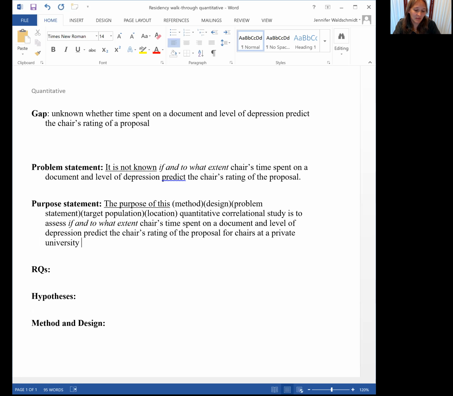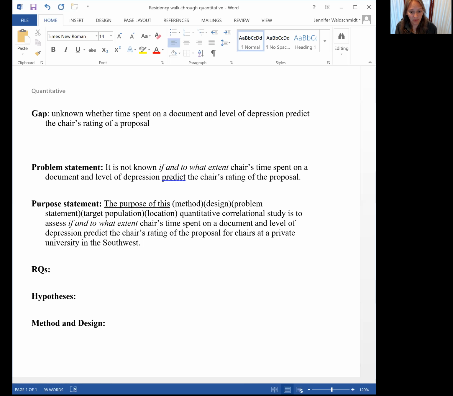And then we have to give our location. So we're going to say the Southwest. We want to be careful about our location because we want to be sure that we're specific, but not so specific that we lose the confidentiality of our participants. So just something to remember, always keep ethics in the back of your head so that you can always be ethical and mindful of what's going on in your study.